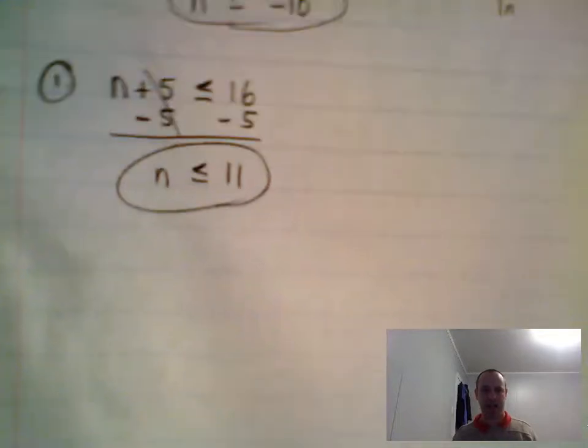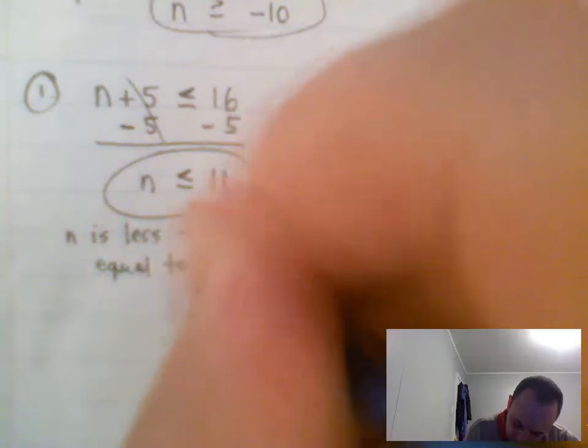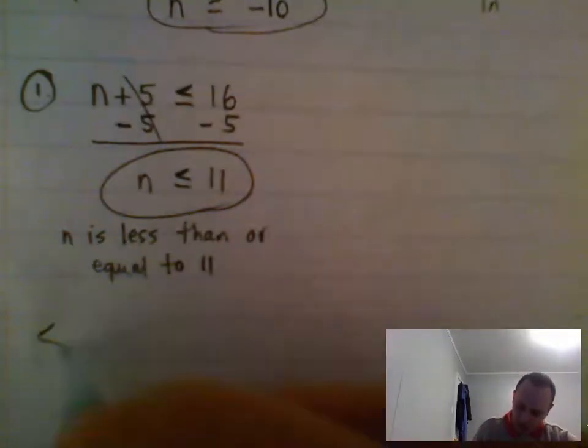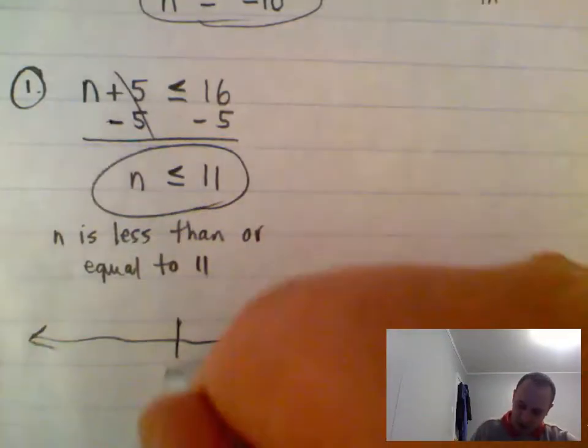So you don't have to even worry about flipping the signs. So your answer is n is less than or equal to 11. Okay? So when we go ahead and draw our line, here's what it's going to look like. We're going to have to make sure we put an 11 in there.